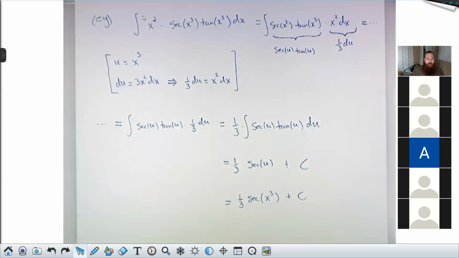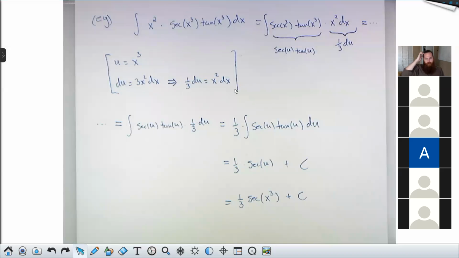So I think I'm going to use the x squared in my differential part of the substitution. So I write that next to the dx, and I say, okay, I've got an x squared dx to work with. How can I get x squared dx out of this? Ah, divide both sides by 3. Does that make sense?